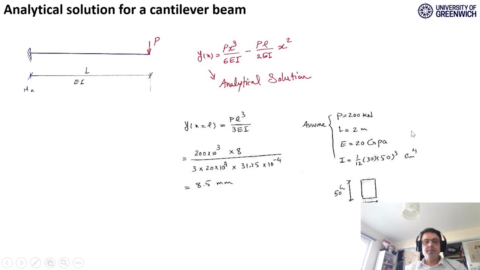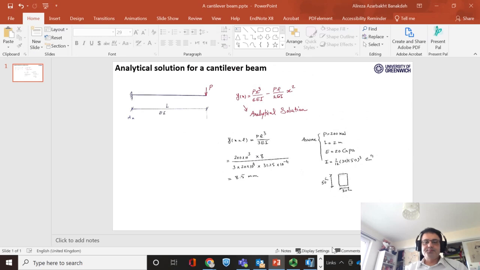If I replace these parameters into this formula, I will come up with 8.5 millimeter for the deflection of this point of this cantilever beam. So I want to see how I can model this simple beam with ETABS, and whether I get the same result from ETABS or not.